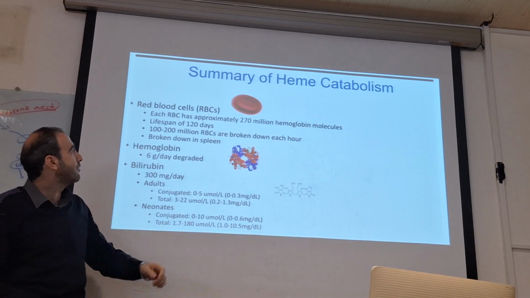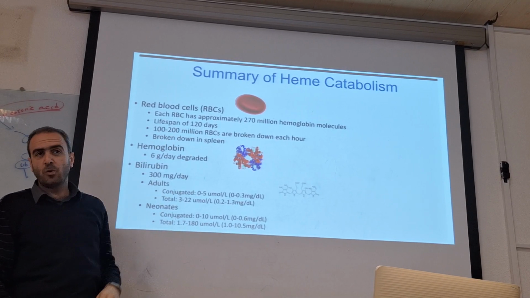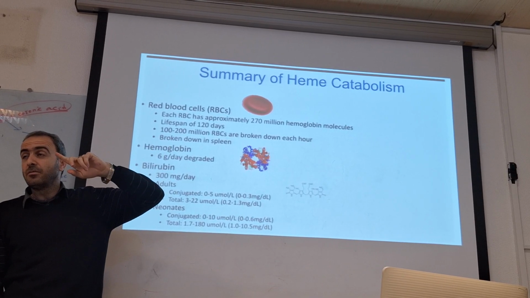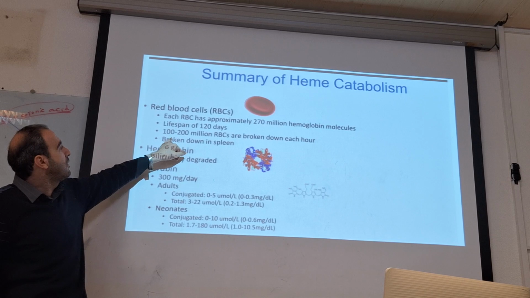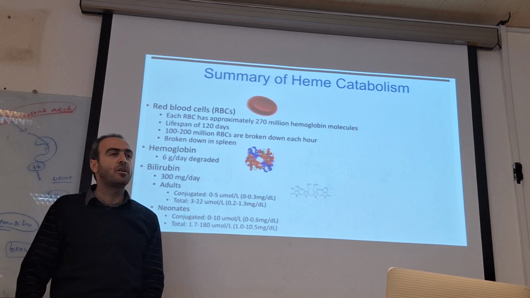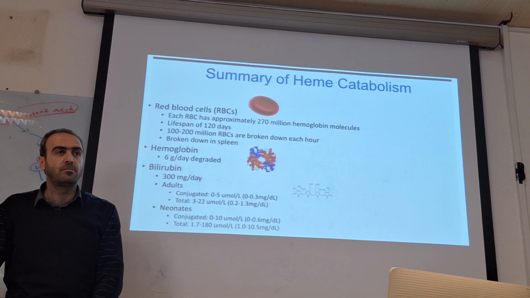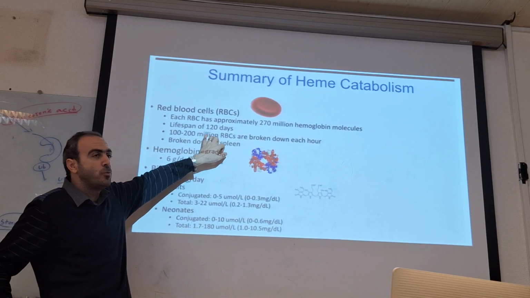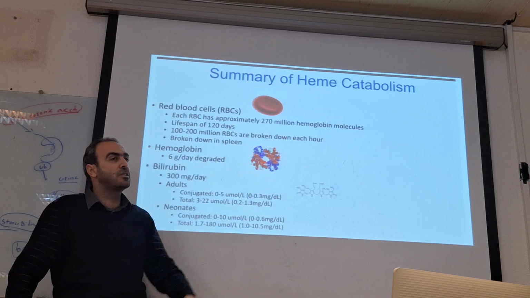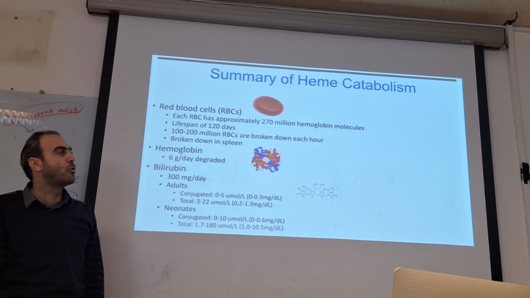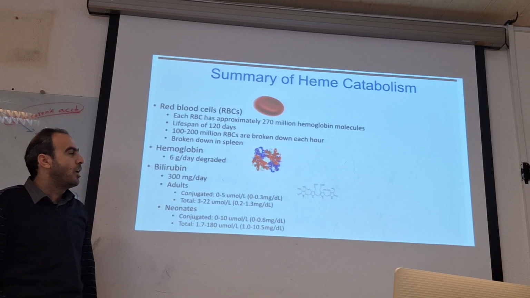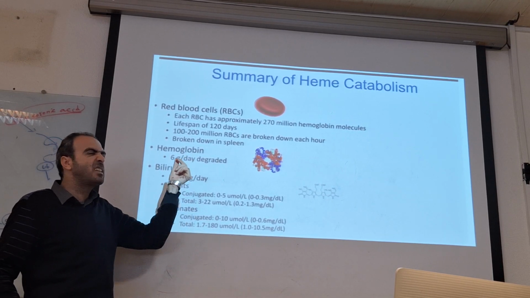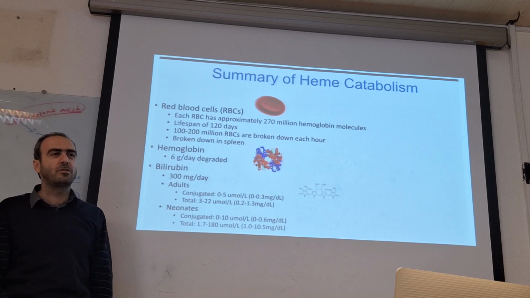And the lifespan is 120 days. And daily, 100 to 200 million RBCs are broken down. Can you imagine? 100 to 200 million, each of which has 270 million hemoglobin molecules. Daily, 6 grams of hemoglobin is broken down.